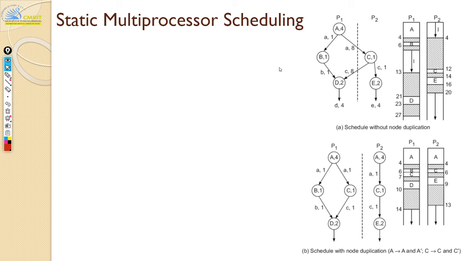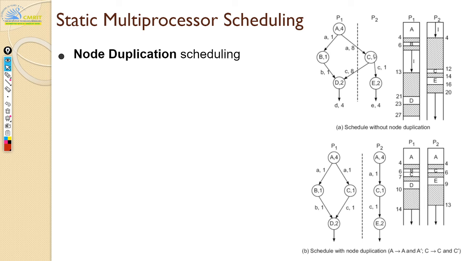Now we'll look at static multiprocessor scheduling. We saw that there were some issues with some overheads. To overcome that, we propose something called node duplication. Let us take a particular example. You have P1 and P2, and A, B, and C, right?